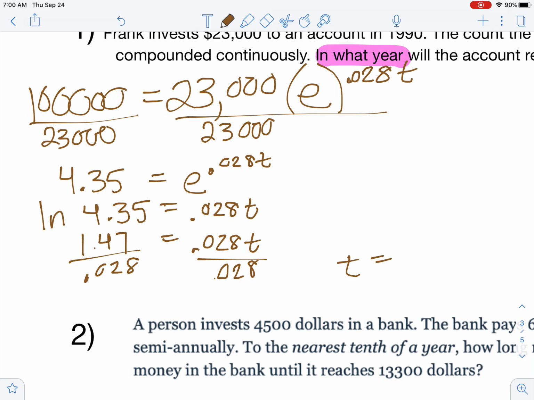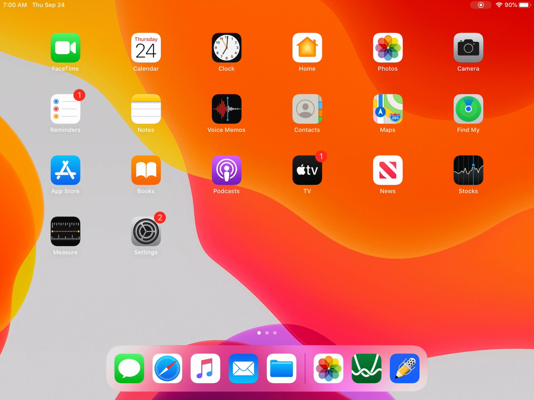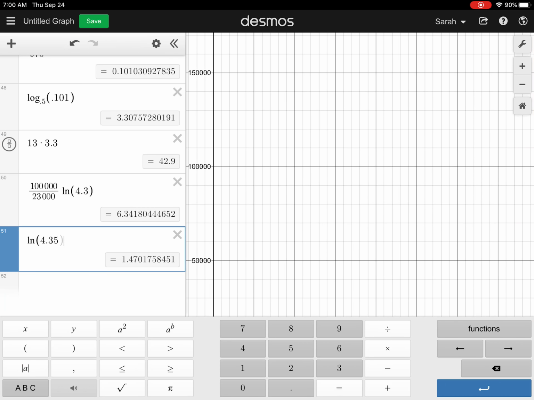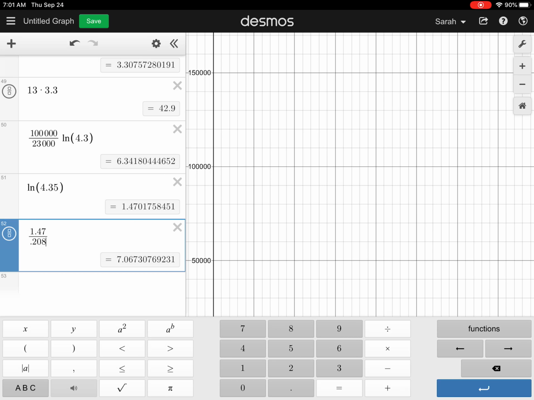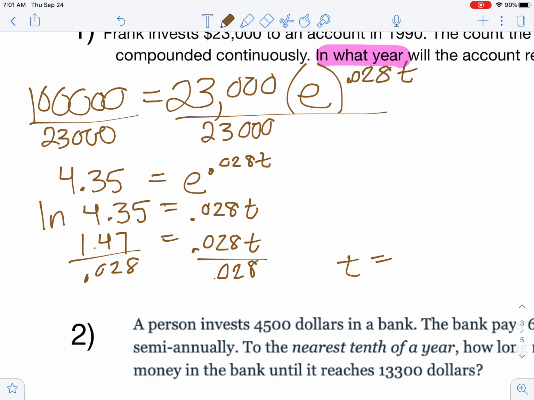And t equals, I wrote that wrong. There we go. Okay. 52 and a half years.